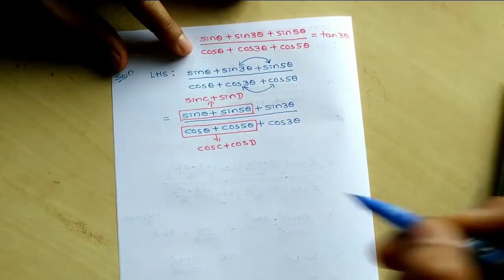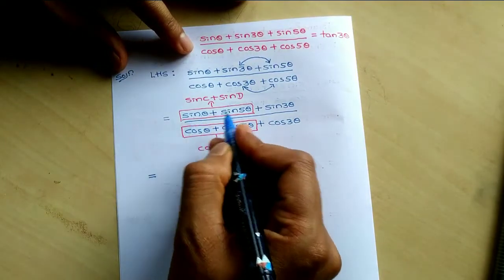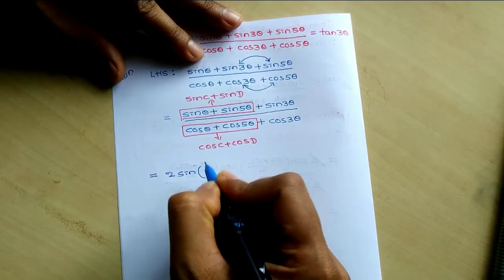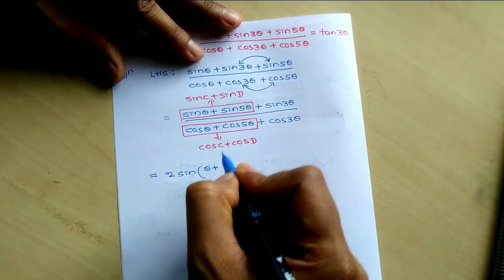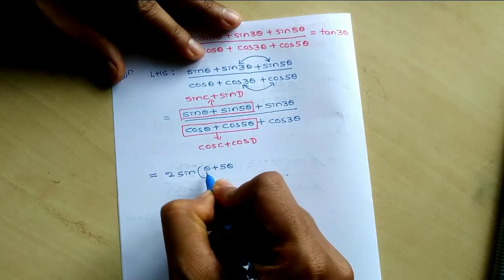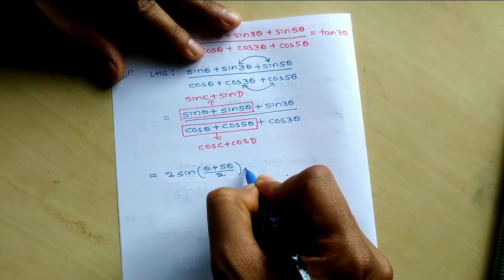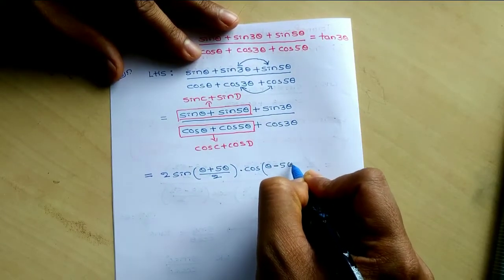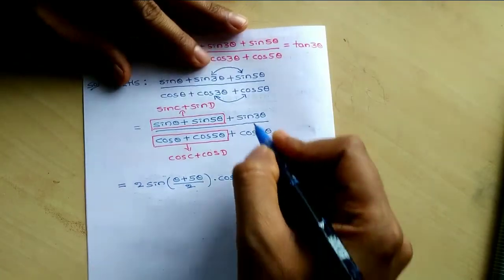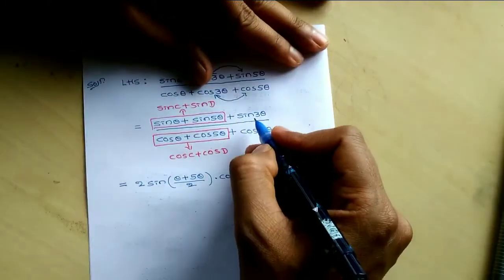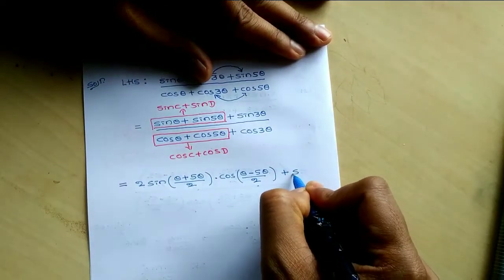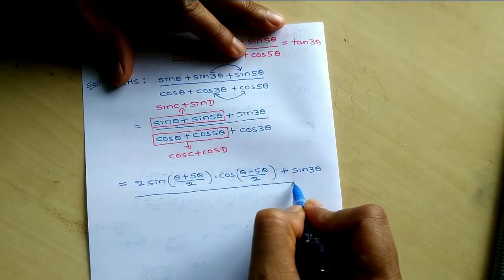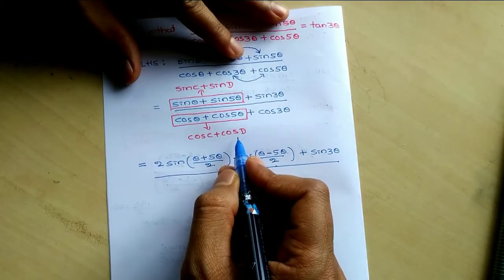Therefore which is equals to, you know, sin C plus sin D is 2 times sin (C plus D) by 2, where C means theta plus D means 5 theta, divided by 2, into cos (C minus D) divided by 2, plus sin 3 theta, keep it as it is, divided by, again in the denominator apply the cos C plus cos D formula.